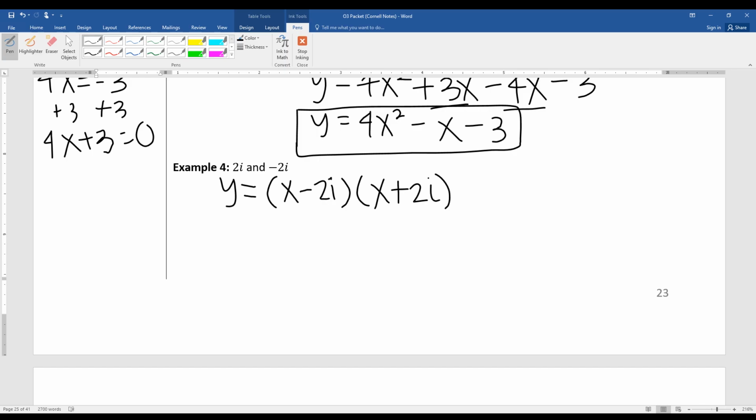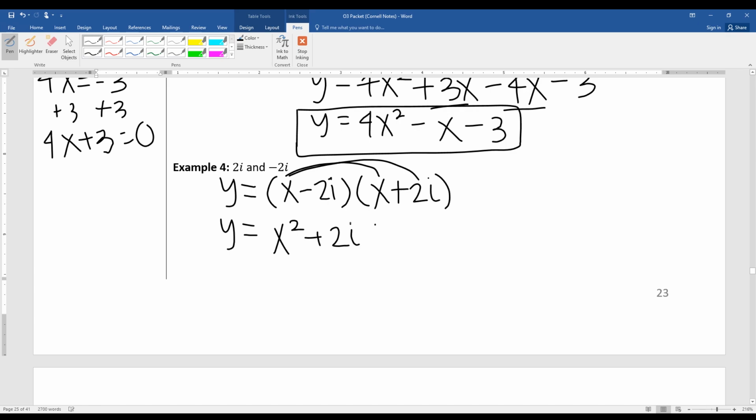Okay, we're going to go ahead and distribute, and things are going to get a little ugly here, but trust me, some cool things will happen in the end. So x times x is x squared. Next part's weird. X times 2i. Now this is strange because I have kind of two letters there. I have an i and an x. I'm going to write this as plus 2 first, since 1 times 2 is 2.